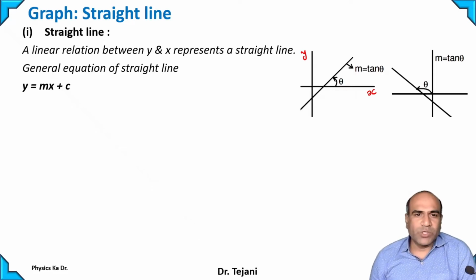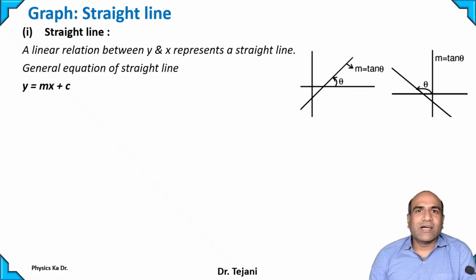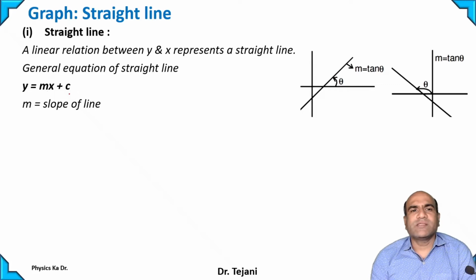It is a well-known equation, and everyone knows it very well. You must have studied this equation many a time. Definitely, we know this equation, but let us understand it in some more detail, because in the analysis or preparation of a graph, we need a thorough understanding of this equation. So in y is equal to mx plus c, the term m represents the slope of the line.